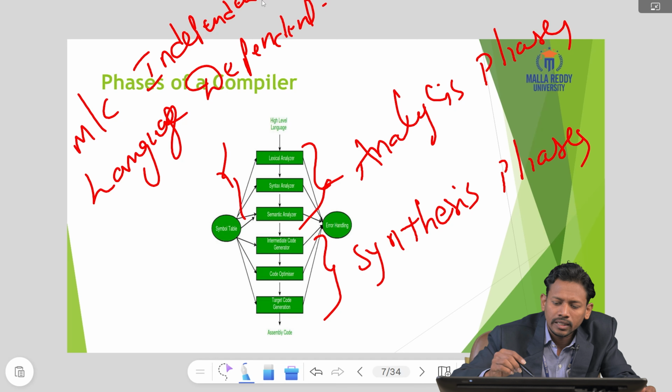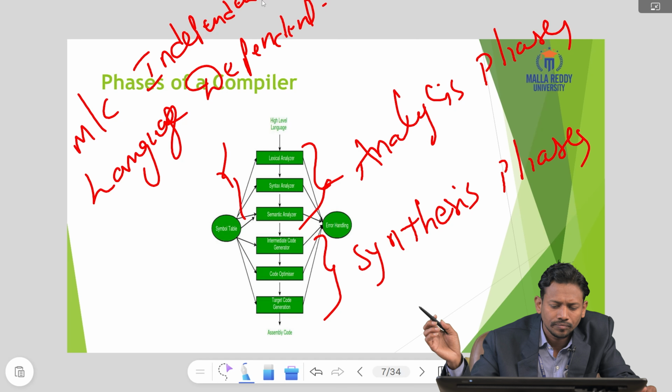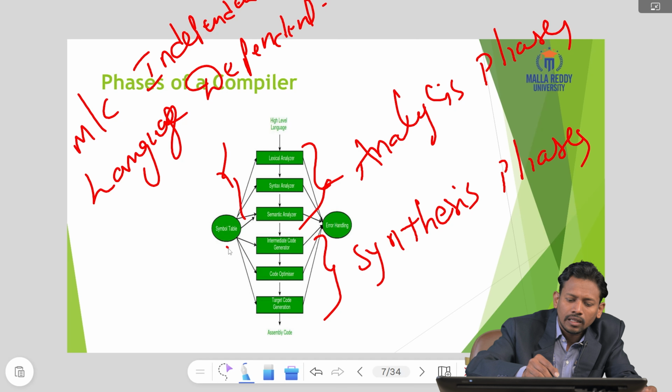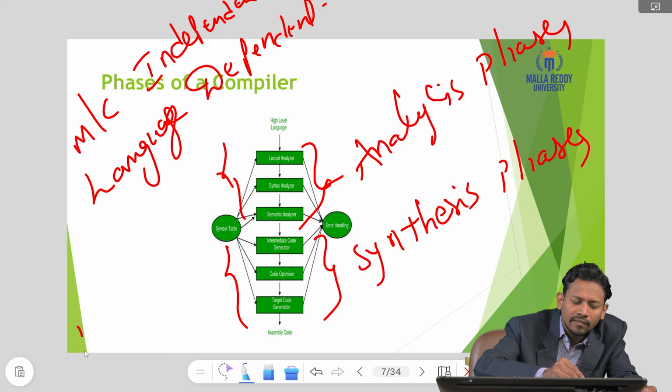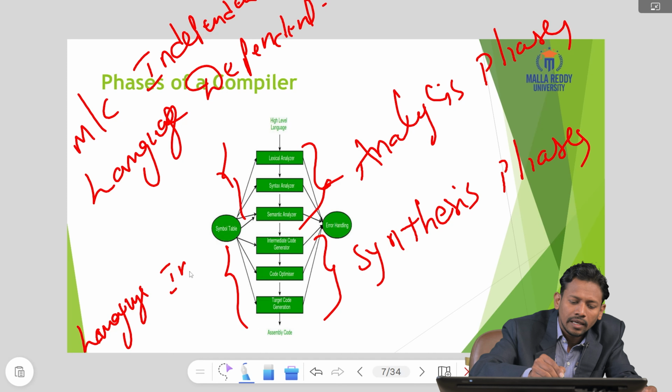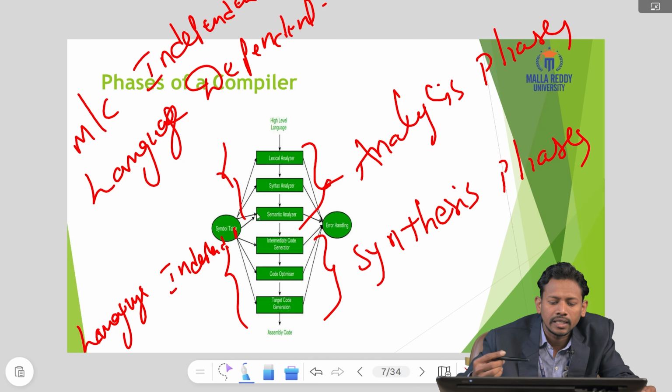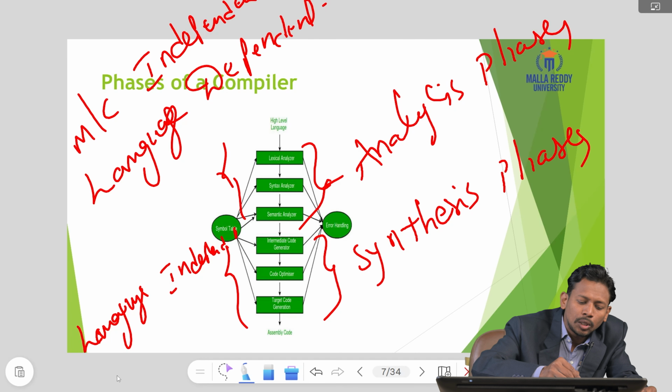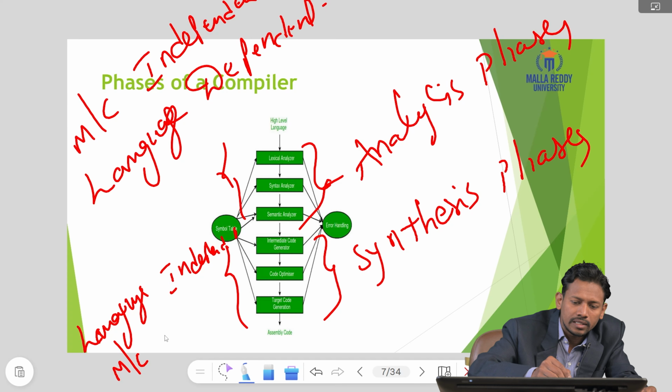Whereas the synthesis phases, like intermediate code generation, code optimization and code generation, are language independent phases, but they are machine dependent phases.